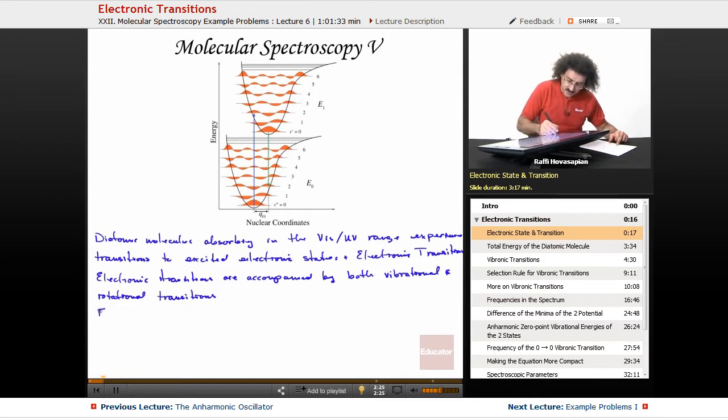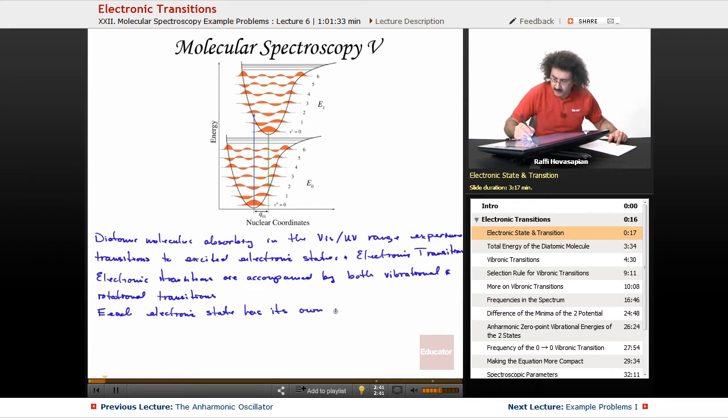Now, very, very important, each electronic state has its own potential energy curve. That's what you see here. This is the ground state, this is the first excited state, or they say E1, it could be any of the excited states. Anything above the ground state has a potential energy curve.